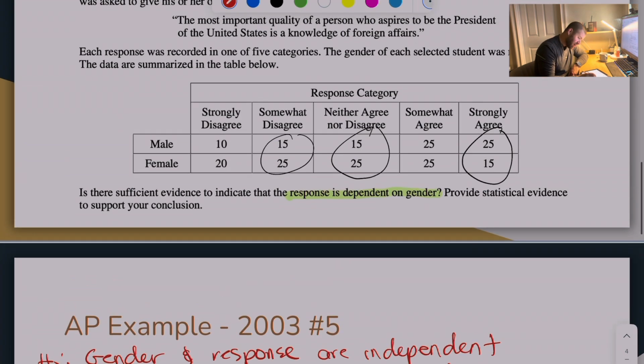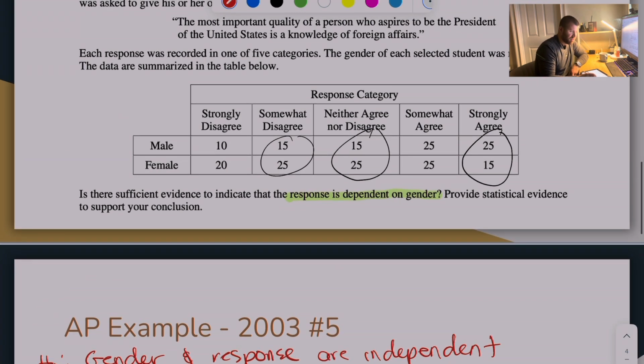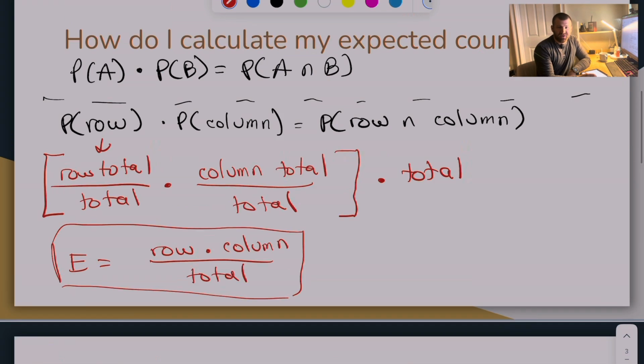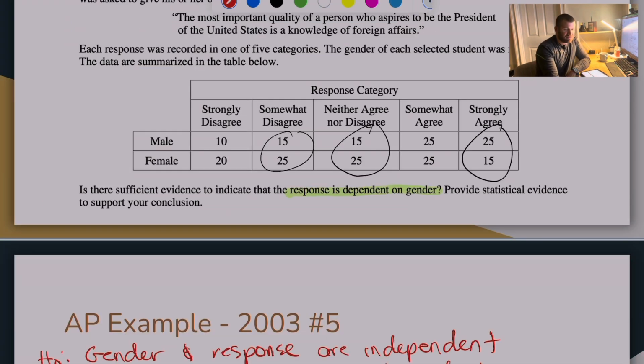And so if I look back at the problem, notice it doesn't give you a significance level, but if you remember what we talked about a while ago, for older problems like pre-2009, 2010, 0.05 was the standard significance level.